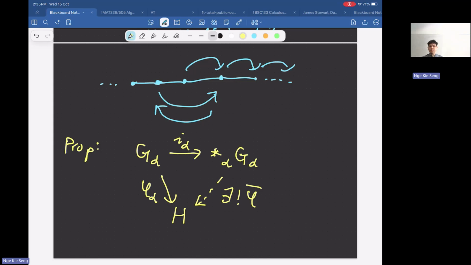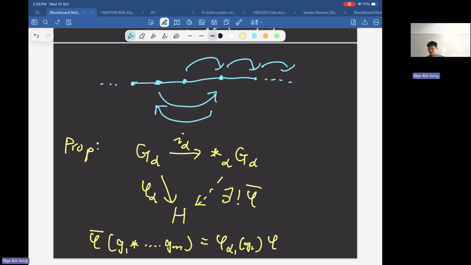I think this is pretty straightforward to define. For example, I want to define phi bar on the free product of these group elements. How do we define it? We know how to send each of them to H, so we just send them one by one and then multiply, because you are in H already.